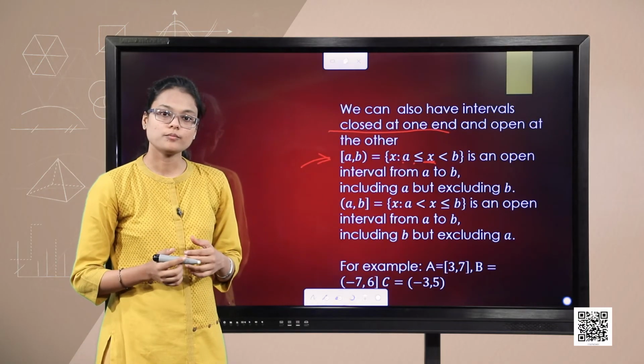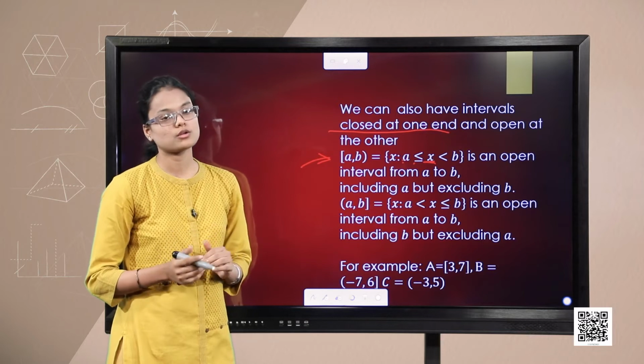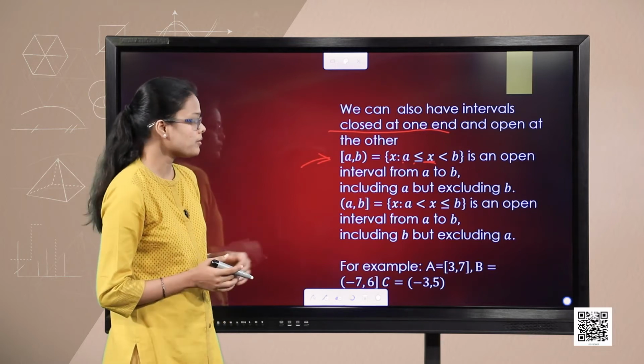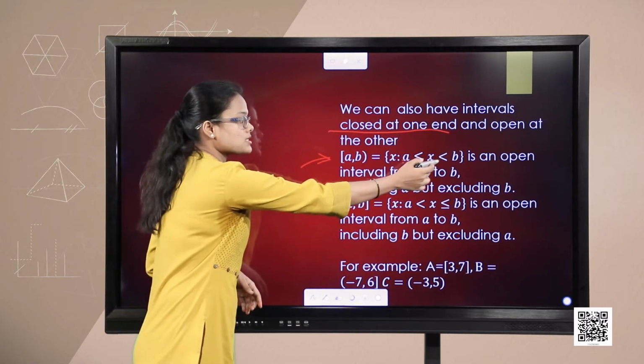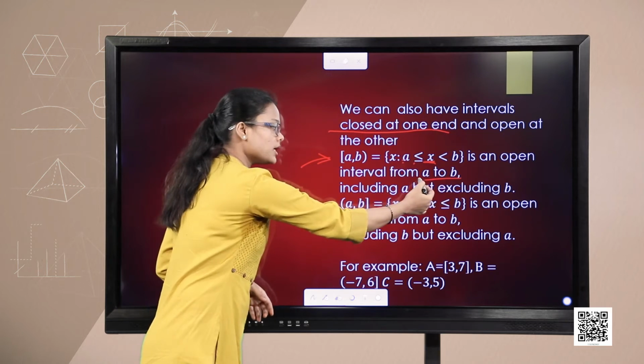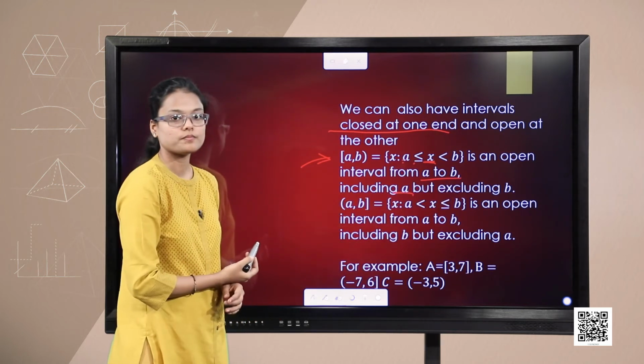This interval is said to be semi-open and semi-closed, where it is closed on the left but open on the right. As you can see, it is an interval from a to b, including a but excluding b.